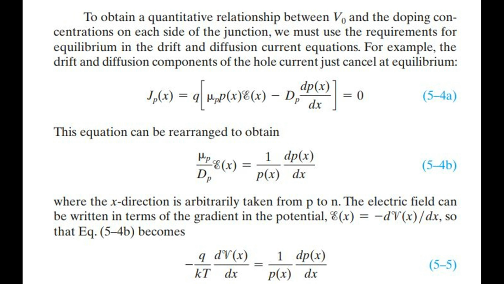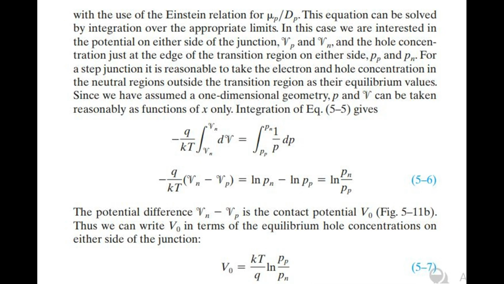For example, the drift and diffusion components of the hole current just cancel at equilibrium. This equation can be rearranged, where the x direction is arbitrarily taken from P to N. The electric field can be written in terms of the gradient in the potential, E(x) equals minus dV/dx, so that Eq. 5-4b becomes, with the use of the Einstein relation for D_p over mu_p, a new expression.